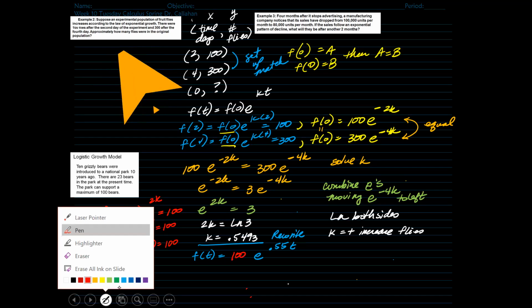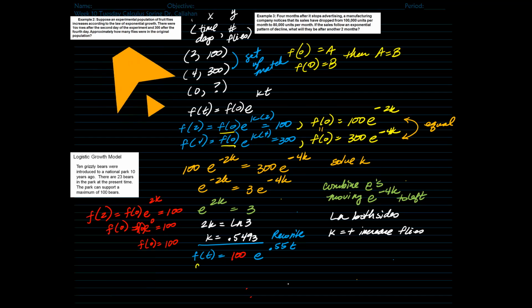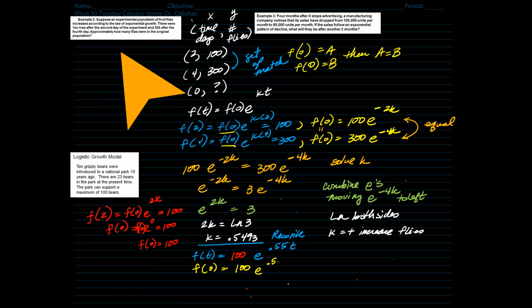Now that I have that part complete, I could do f of t where t equals 0, which is going to equal 100 e to the 0.55 times 0, which is just going to give me, oh, hold on a second.